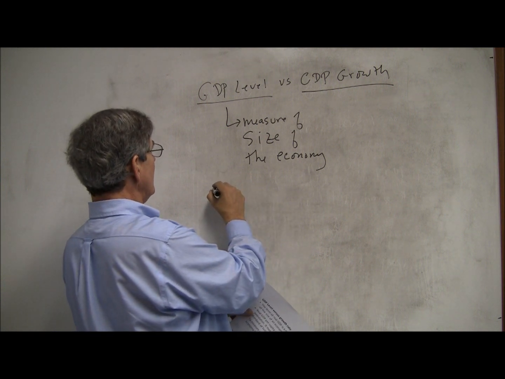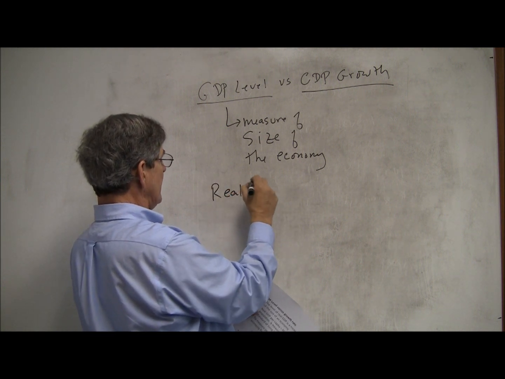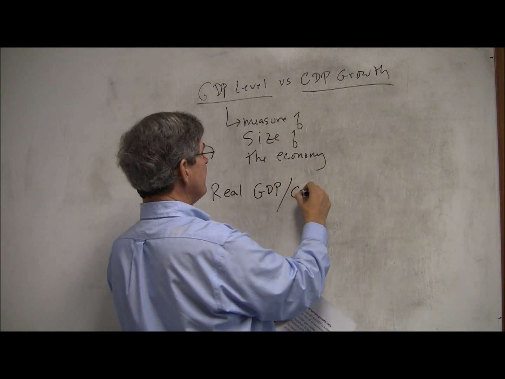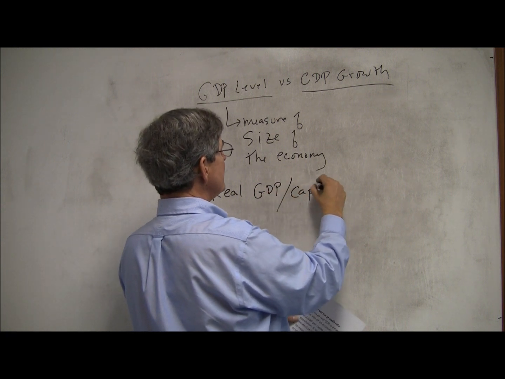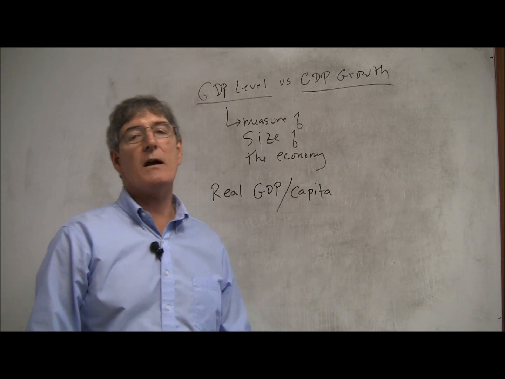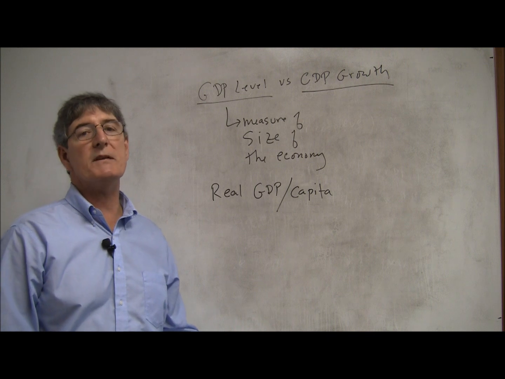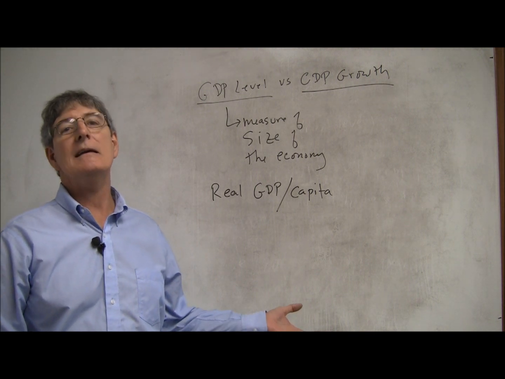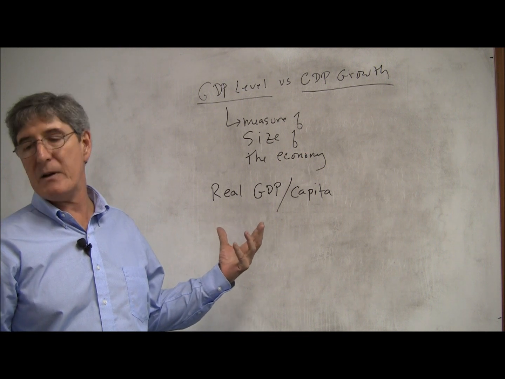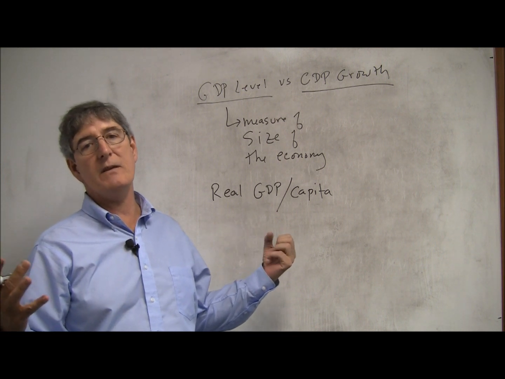Another thing that you often look at, let me just talk about different measures while we're here, is real GDP per capita. So you take a nation's real GDP and you divide it by their population. For instance, we might have heard that China's economy is bigger than the US now. Yeah, if you just measure total output. But if you look at GDP per capita, they're about 50, 60, 70 years behind.